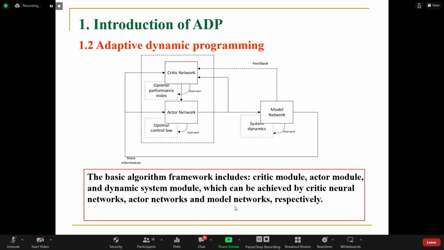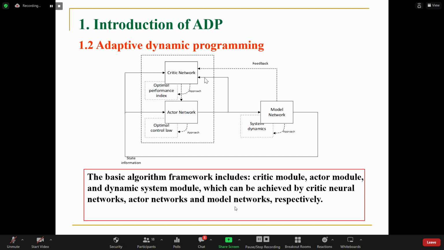Here, we give the algorithm framework of ADP method. It includes a critic module, an actor module, and a dynamic system module, which can be achieved by critic network, actor network, and model network, respectively.